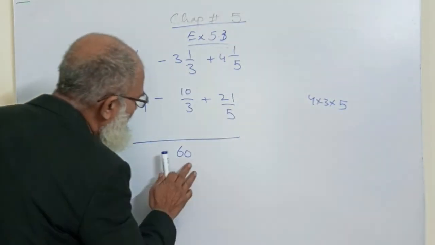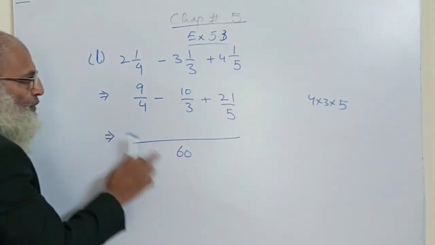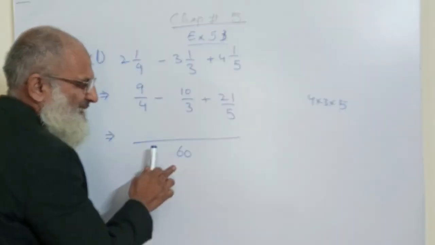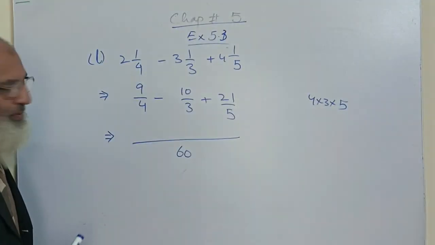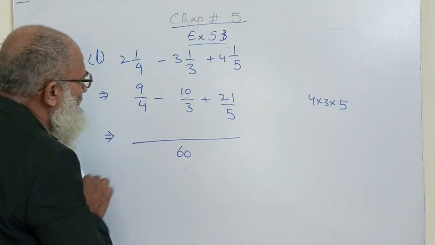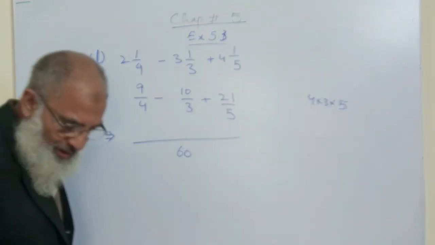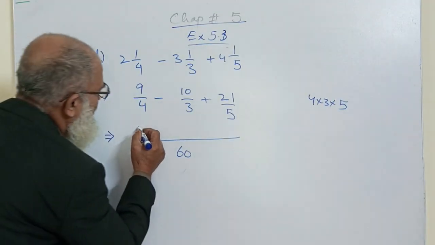Now 4, 15 times is 60, and 15 times 9 is 135.